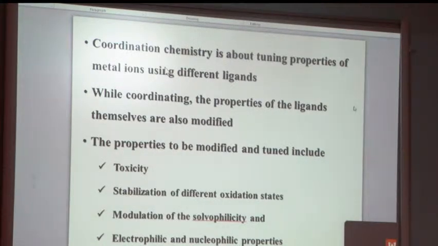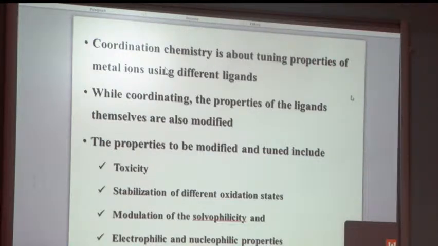Therefore, coordination chemistry is about tuning the properties of metal ions using different ligands, in the way that we tune the frequency of a communication device like a radio until we get a very audible and attractive voice, by bringing metal ions having different oxidation states, different elemental types, with different ligands.